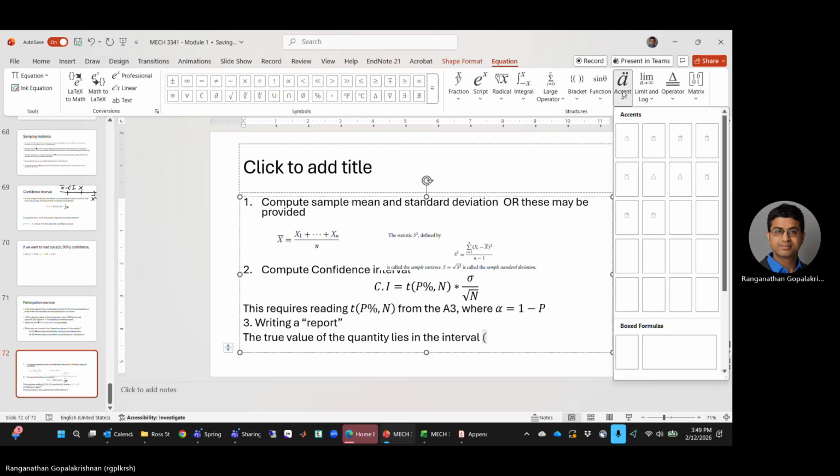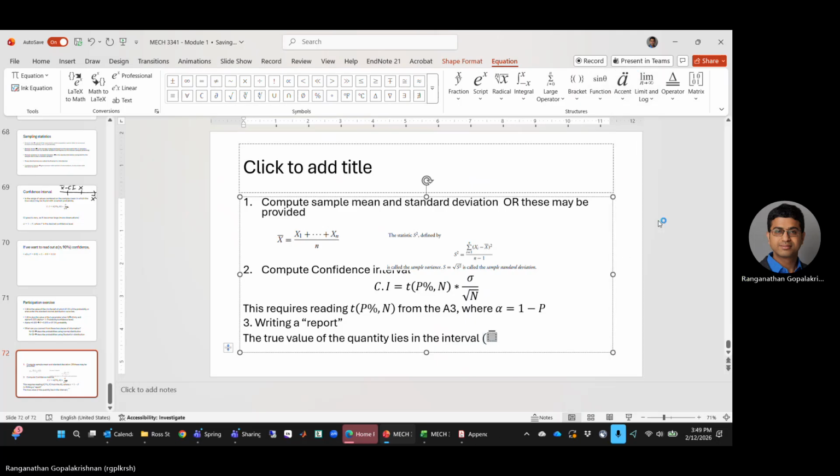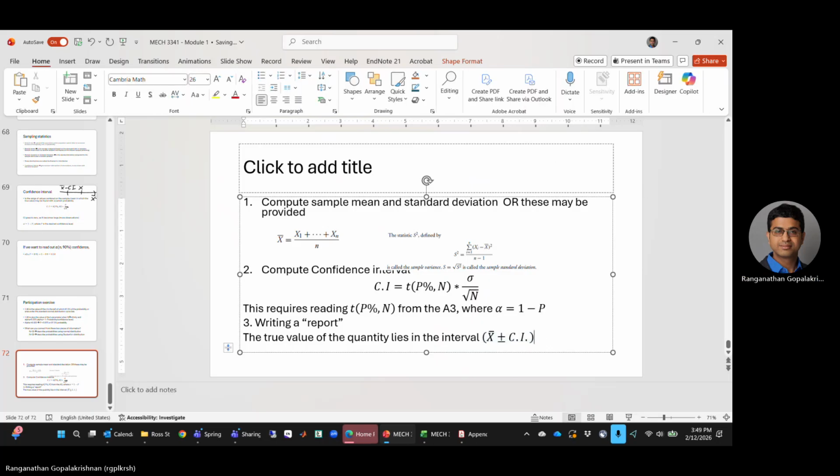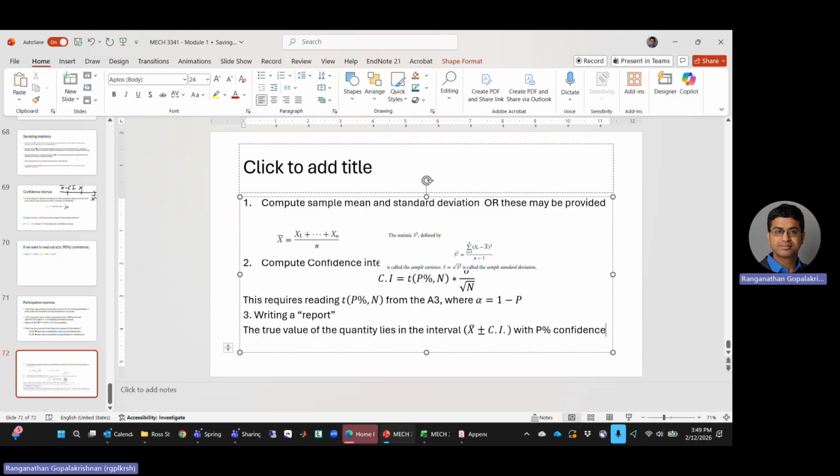Okay. X bar plus minus ci, X bar plus minus ci with p% confidence. You should state this specifically.